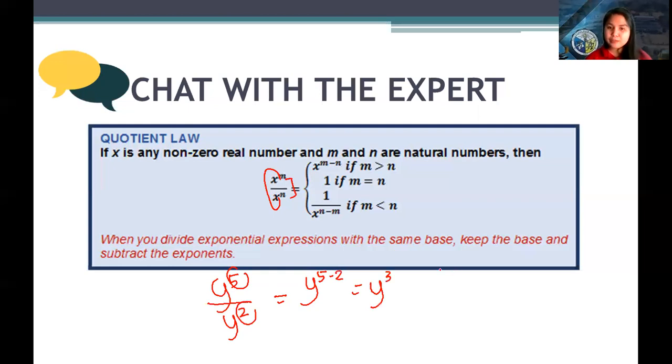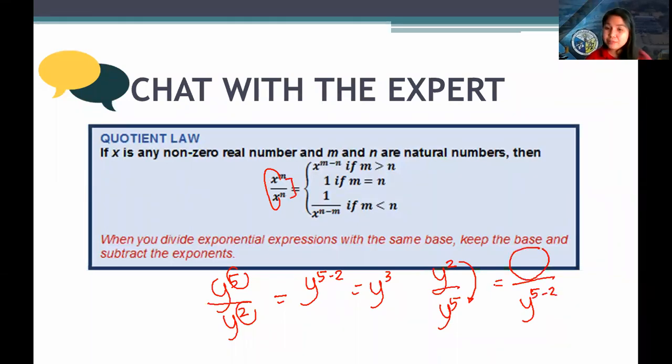Or if we have y squared over y to the 5th, ma'am, where will I subtract it? You subtract it to the one with a greater exponent. So we transfer it at the bottom. We have y to the 5th minus 2. What happens to the numerator?